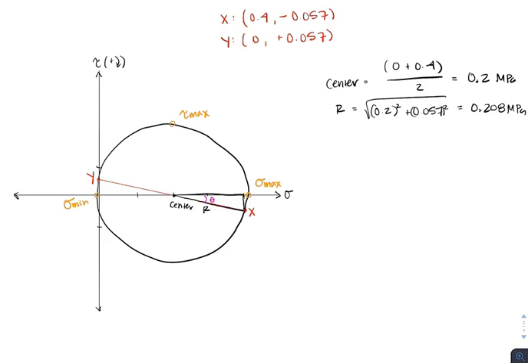Now that we have those two variables, we can find our principal stresses, our sigma max and sigma min. Sigma max is just going to be our center, 0.2, plus the radius, 0.208, which gives us a value of 0.408 MPa.